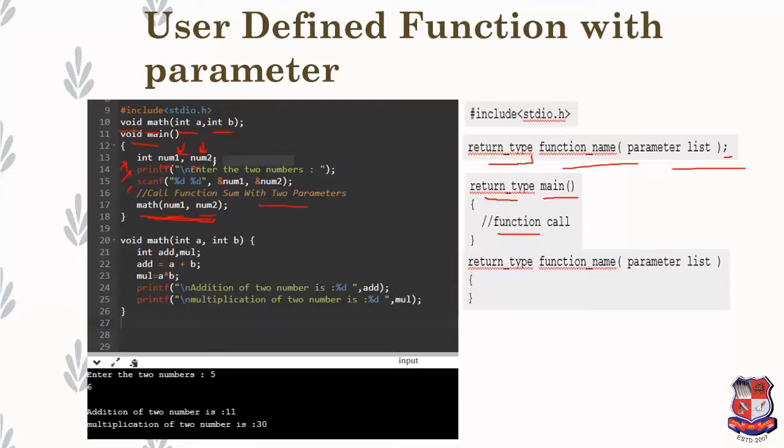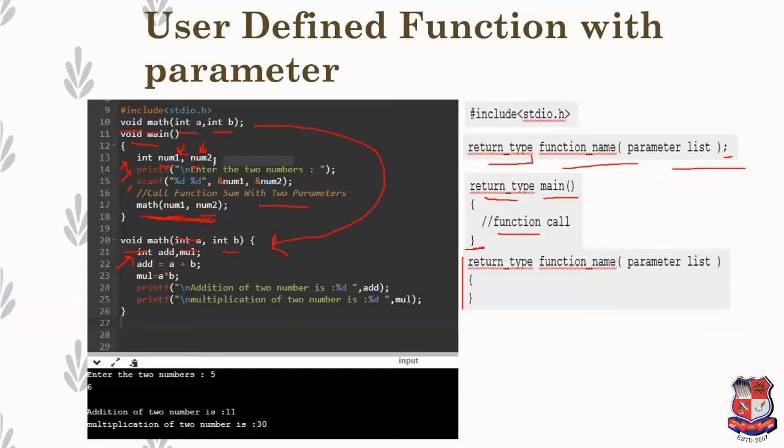Now, on the right side, you can see after you complete your main function, you have to define your function. So whatever function I have declared here, I have to start its lines of code from here, after the completion of void main. So I'm writing it as void math, integer a and integer b. Now I'm taking two variables. Why have I taken two variables here?